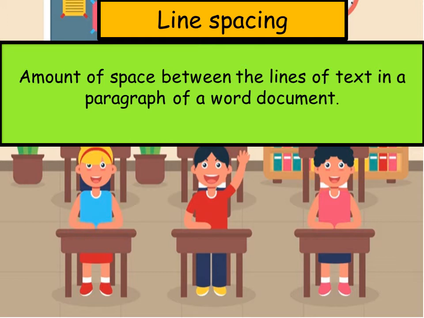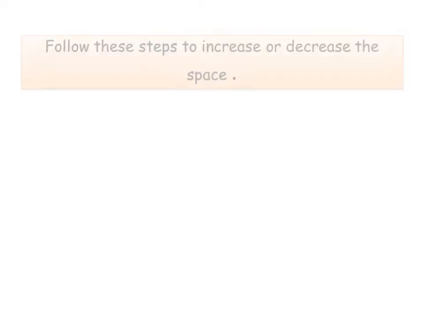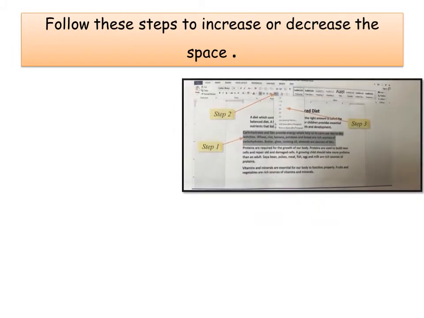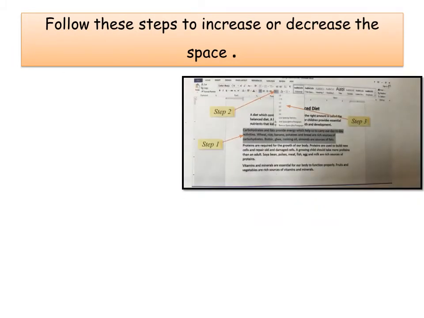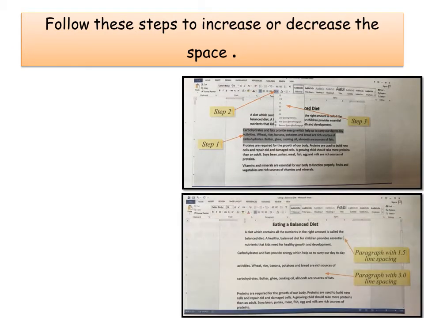We can increase or decrease this space by following these steps. Keep an eye on figure 4.5a and figure 4.5b. The same figures are now appearing on your screen. Let's check what the steps are.